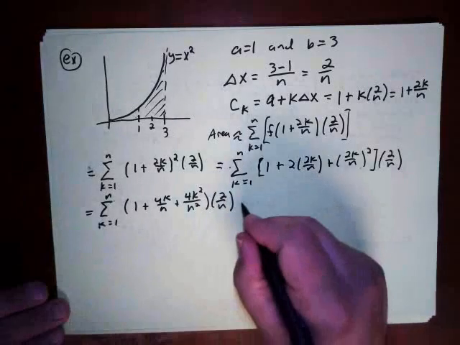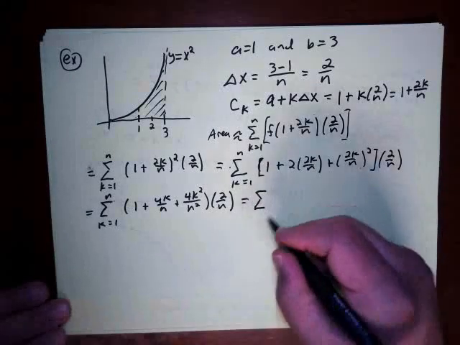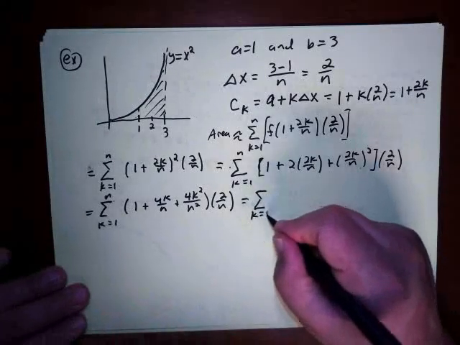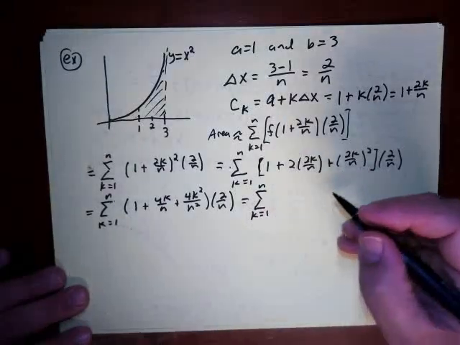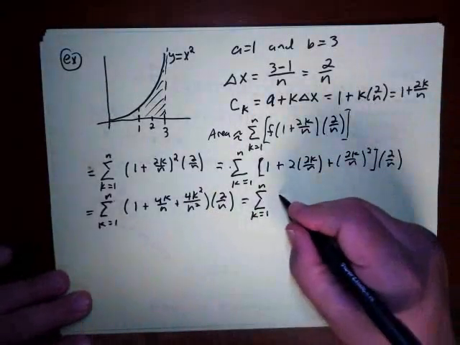Like that. And so now I can rewrite this like this. K equals 1 to n. And then I'm going to distribute the 2n over there.